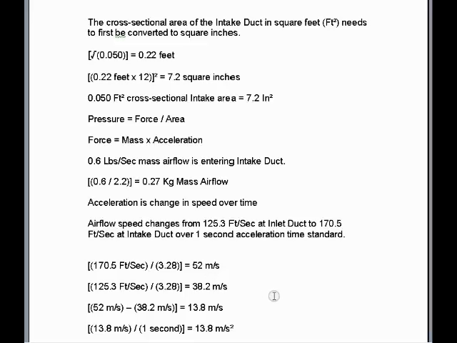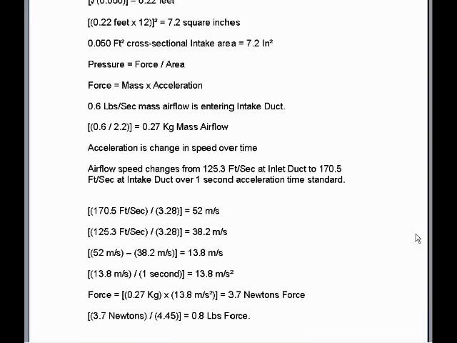So all we'd have to do is convert all of these velocities at the inlet and the intake into metric values for velocity, or meters per second. When we do so, we calculate a speed increase of 13.8 meters per second of the airflow when it goes from the inlet to the intake.